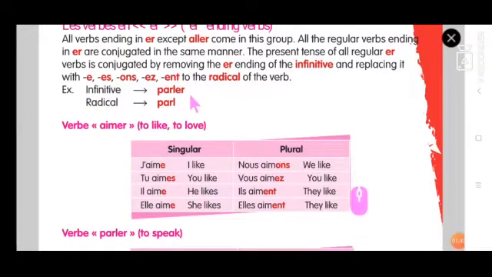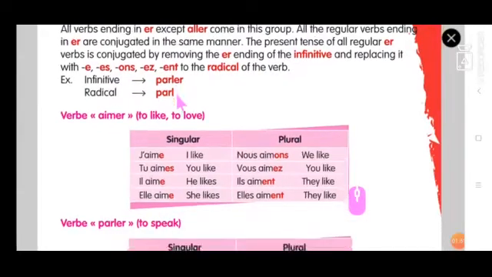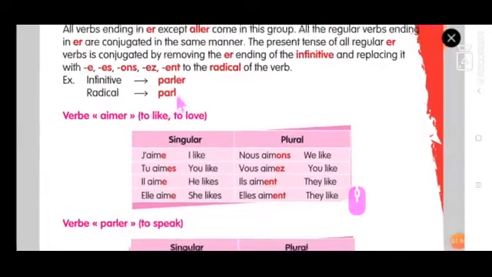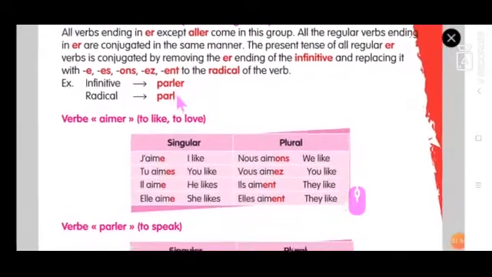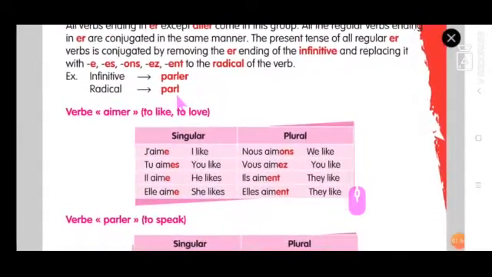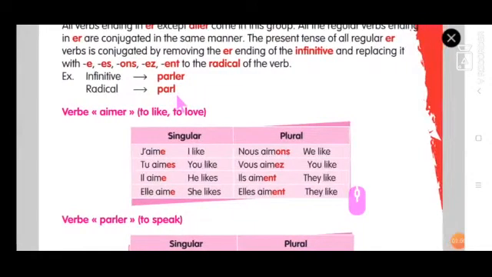Imagine this is the infinitive PARLER. The name of the verb is parler and the meaning is to speak. If we take out this ER, the radical left is PARL, and the pronunciation is parle.